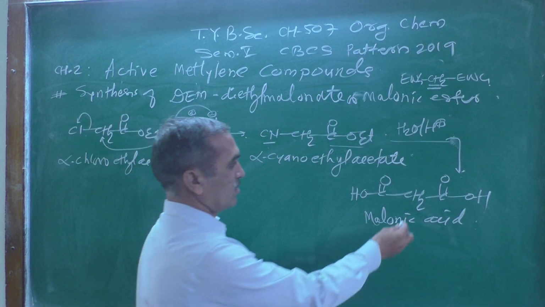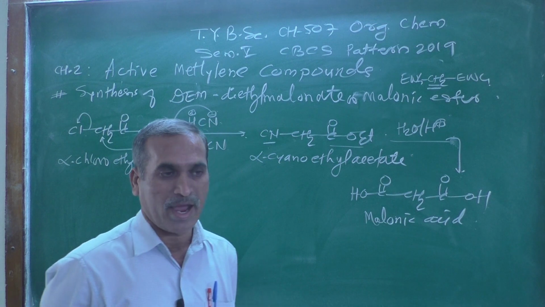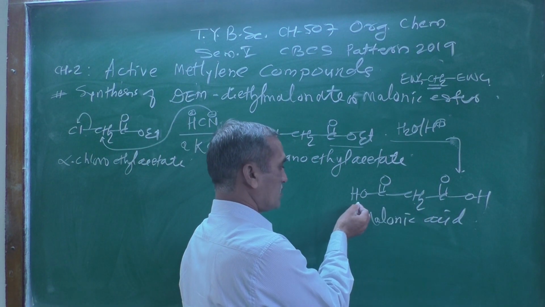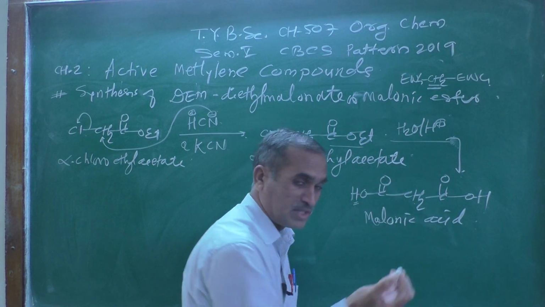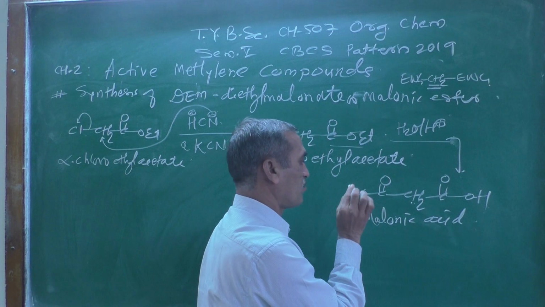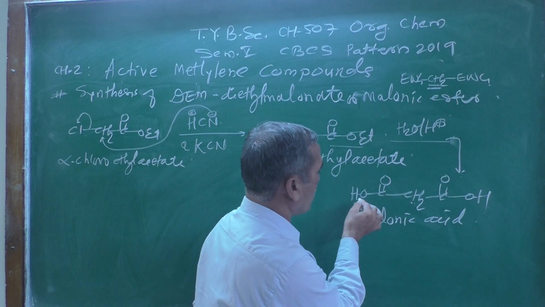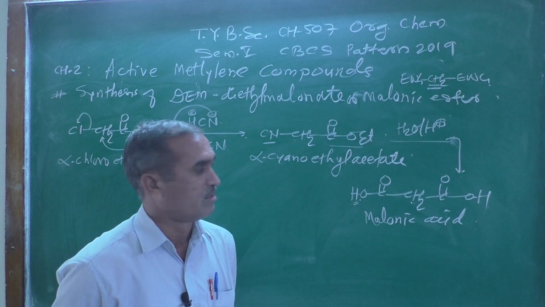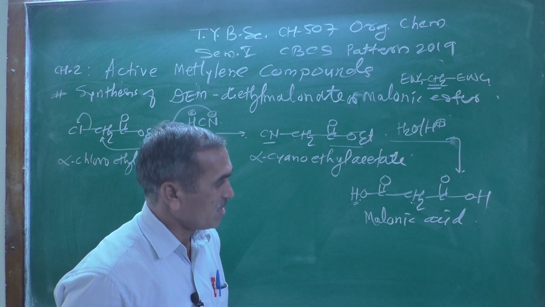Even though this CH2 group is an active methylene compound, now tell me whether these CH2 methylene protons are more acidic in nature, or the proton which is attached to the oxygen atom is more acidic in nature.